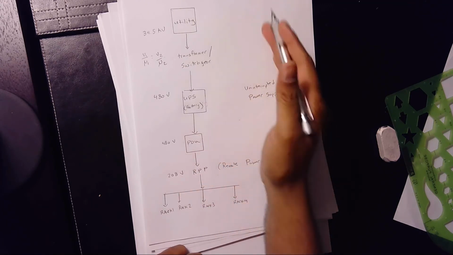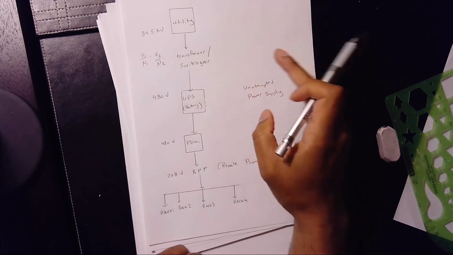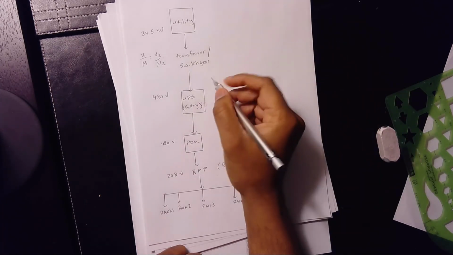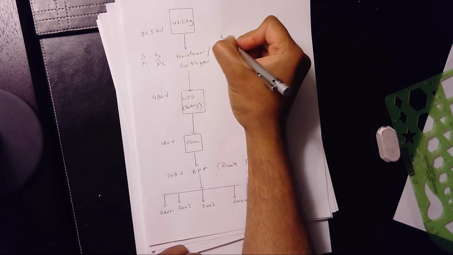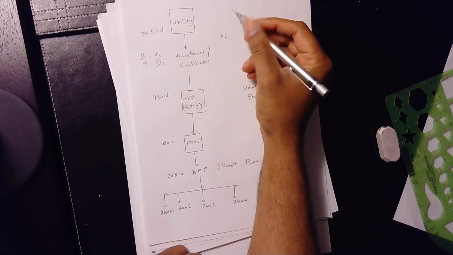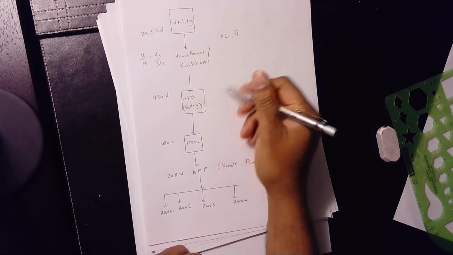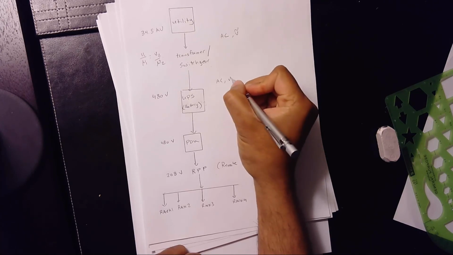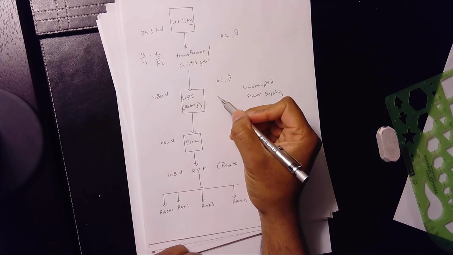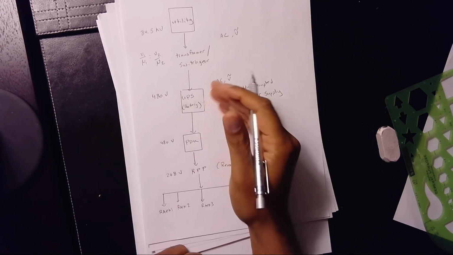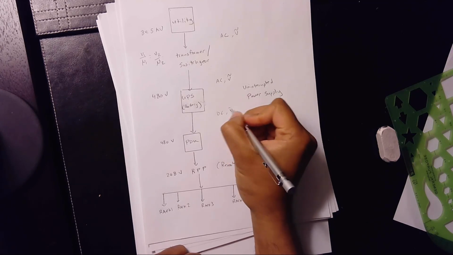Now, this is actually a little special because we're going to cover this in great detail in the next video. The detail that you have to know is that this is AC voltage. When it comes in the power supply, it is AC voltage. Then it gets to the battery and becomes DC voltage.